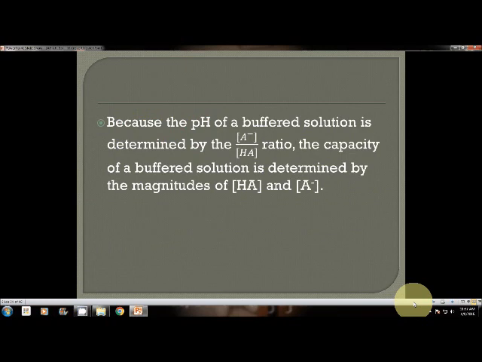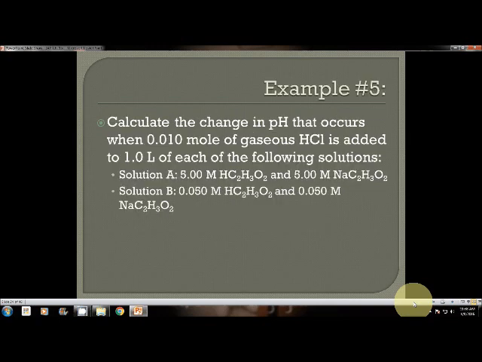Because the pH of a buffered solution is determined by the ratio of the conjugate base to the acid's concentration, the capacity of a buffered solution is determined by the magnitudes of both of those concentrations. So we're concerned about the numerical values.